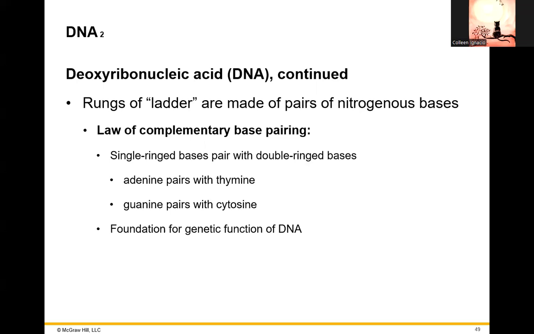So A binds with T and G binds with C. Okay, so if you remember that, I remember it by adenine and thymine. I just think of AT and T for some reason. And then guanine and cytosine because capital G is close to capital C. So I remember it that way. Now, this DNA is the foundation for our genetic function.